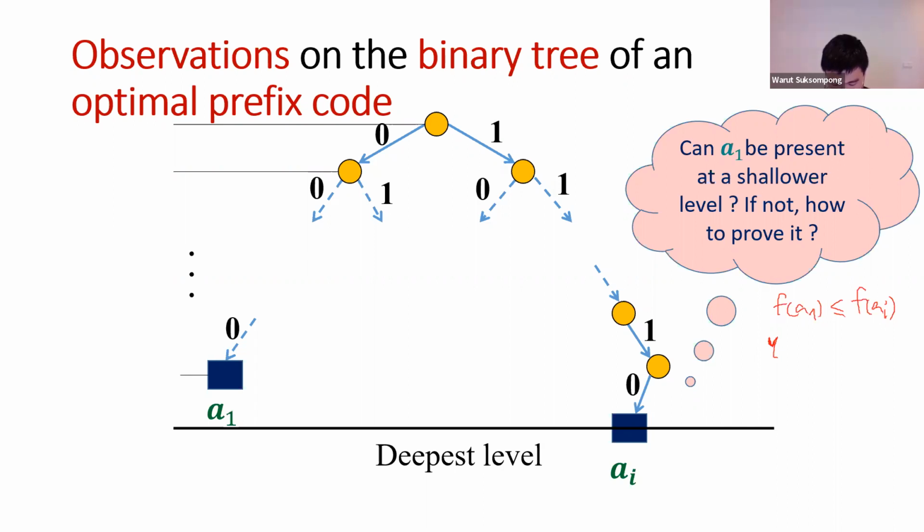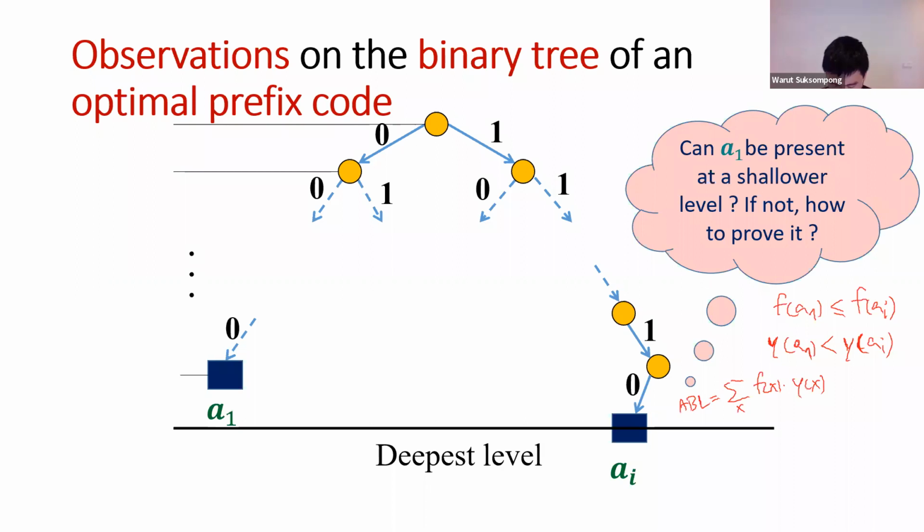So gamma of A1 is less than gamma of AI. This gamma just means the length of the encoding, so that also corresponds to the depth of the leaf. Now if we look at the relevant terms in the ABL, the average bit length formula, remember it's the sum of f of x times gamma of x.